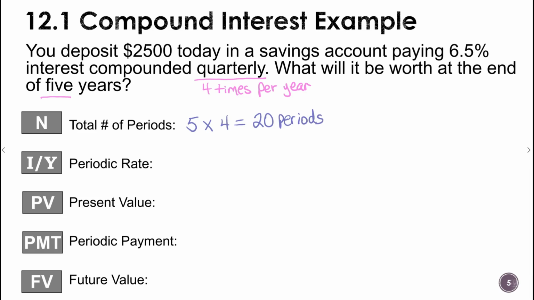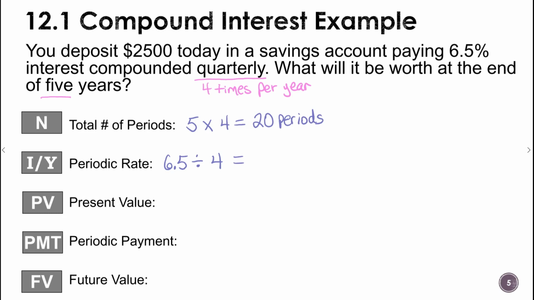Okay. On the next one, the periodic rate is going to be our interest rate, and we talked about this back in section 9.3 also. We take our interest rate and we divide it by the number of times it's compounded. So that means every 3 months it will be this number that we get.